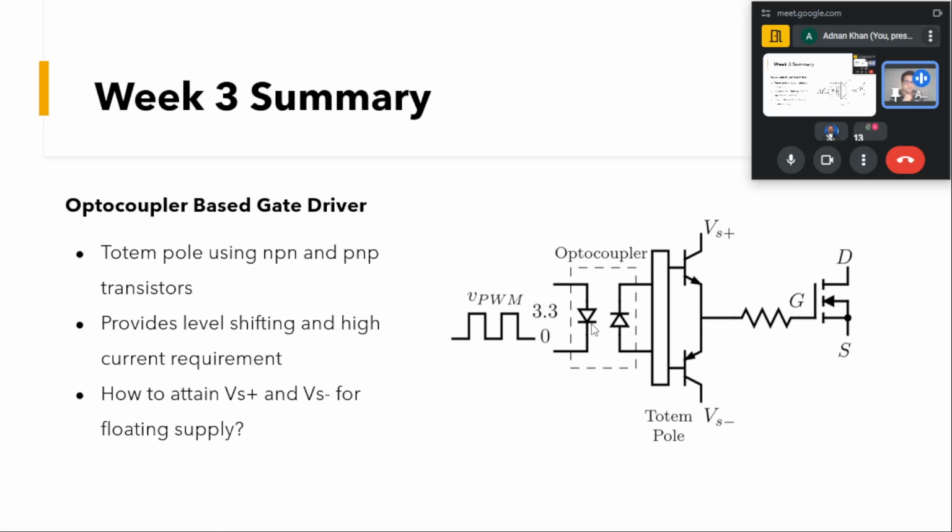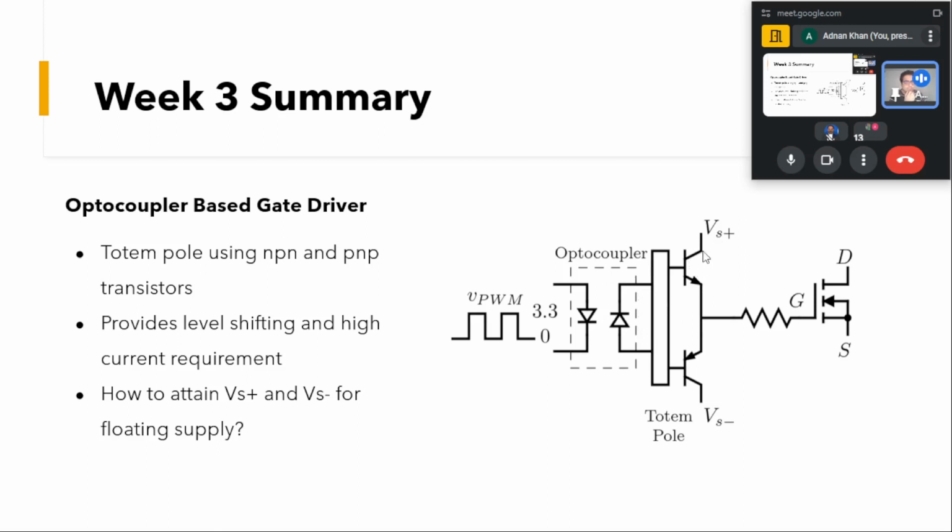We have two switches, where the top device is an NPN transistor and the bottom is a PNP transistor, and the bases of both are connected to the optocoupler output.